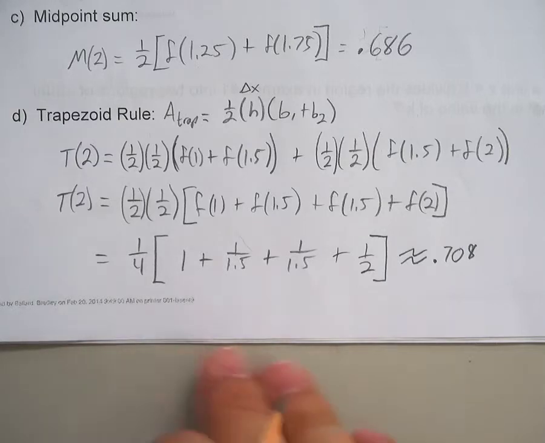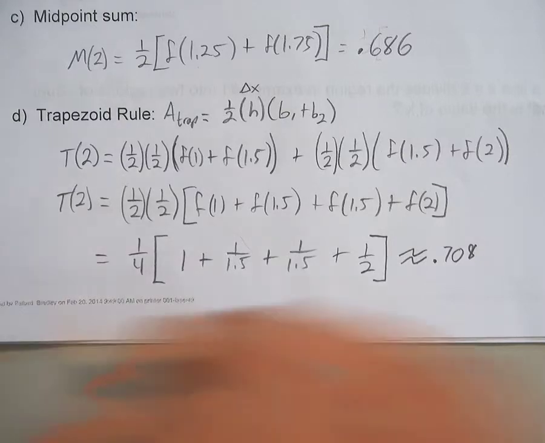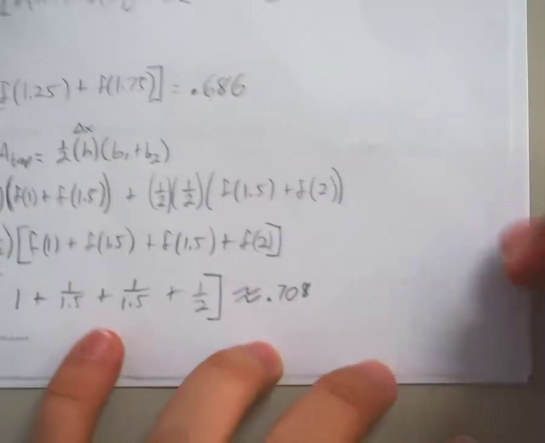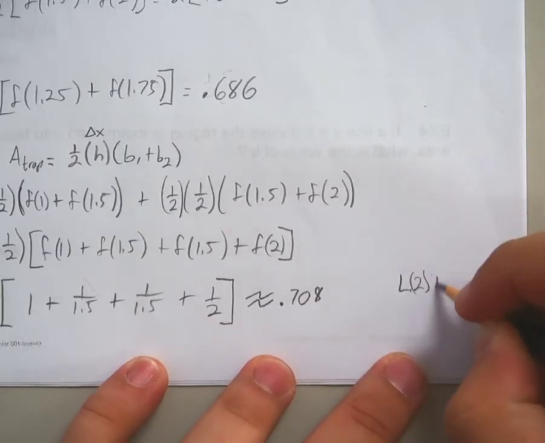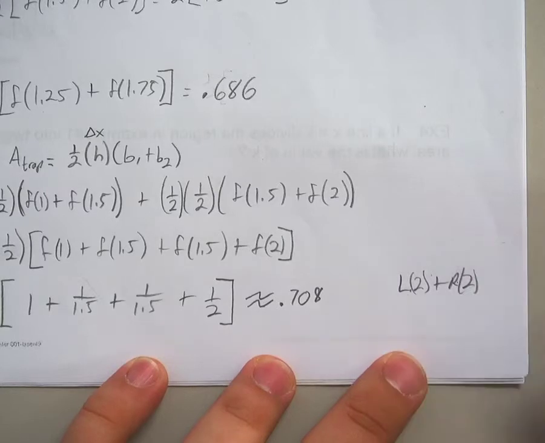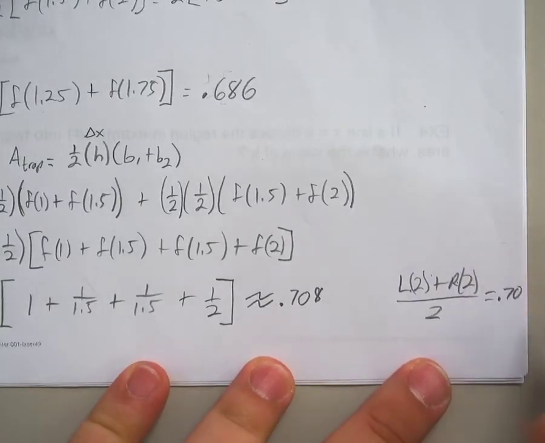Now, what's interesting about the trapezoid rule is that if you average the left and right hand sums, you get the same thing. If I was to take my left hand sum plus my right hand sum and divide it by 2, I would get 0.70 and so on.